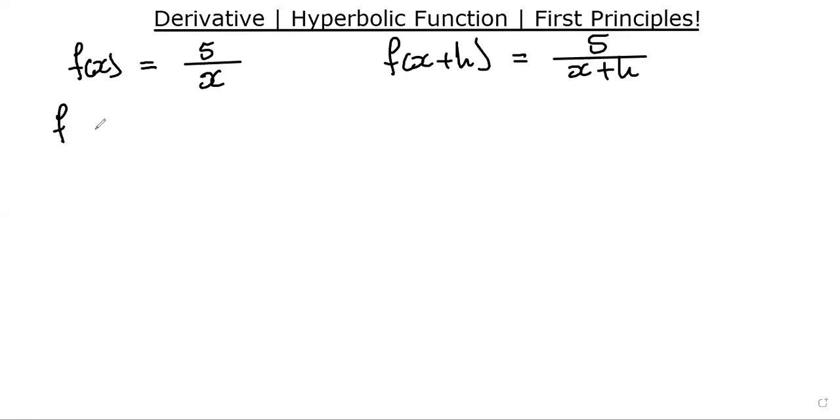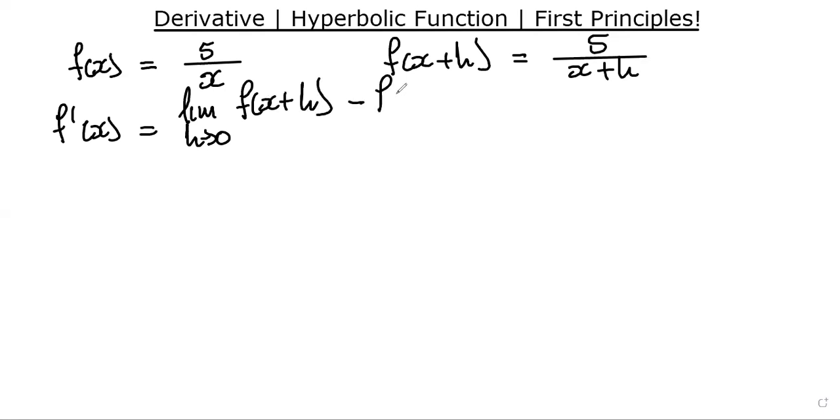So we say f prime of x is the limit as h approaches 0 of f of x plus h minus f of x. And this whole thing is divided by h. So we still have the limit as h approaches 0.